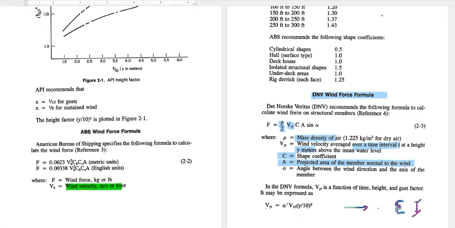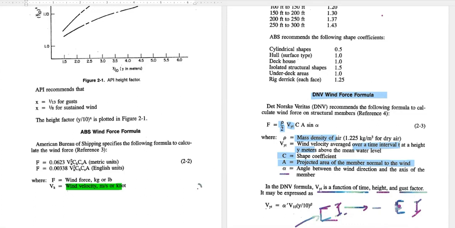The axis of the member is this one, and the wind is like this. Suppose we have somewhat the same shape but the direction is like this, the projected area will be different, so we need to consider this angle. In the DNV formula, the velocity is a function of time, height, and gust factor.